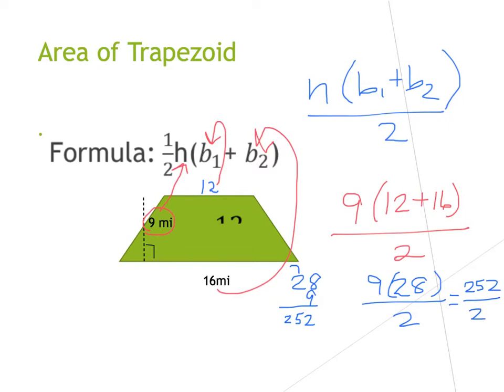And so that's basically what is half of 252. And half of 252 is 126 miles squared. And that's going to be my final answer.